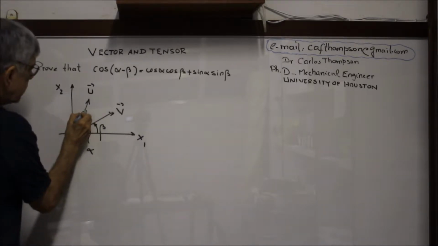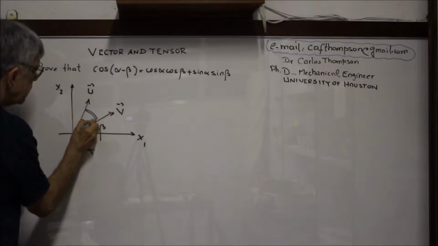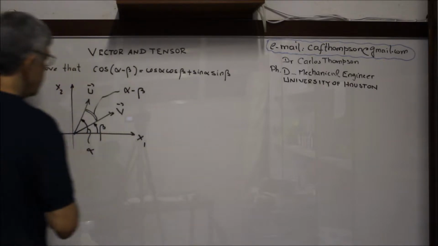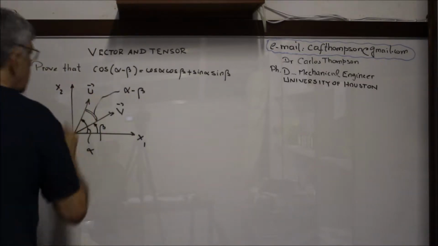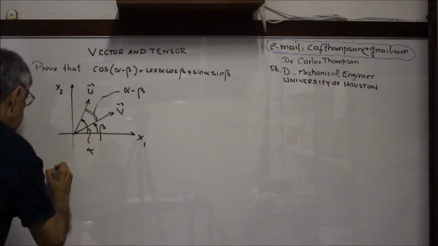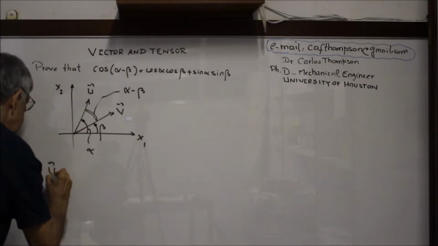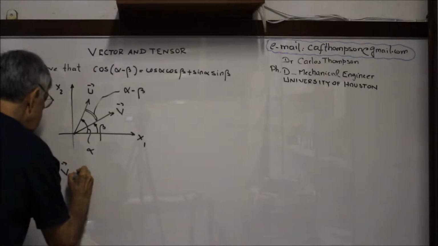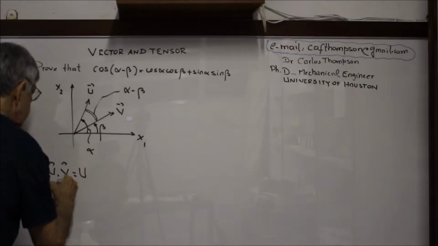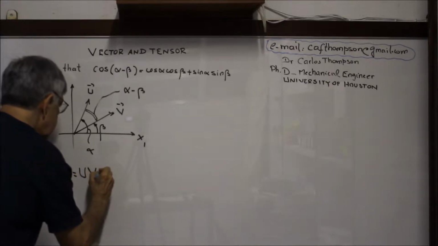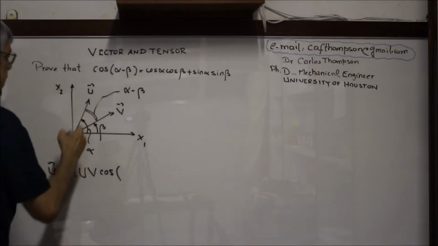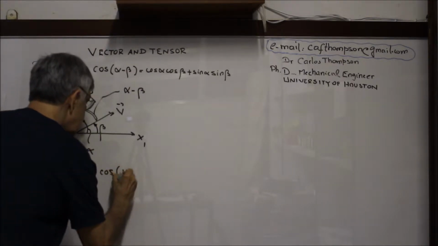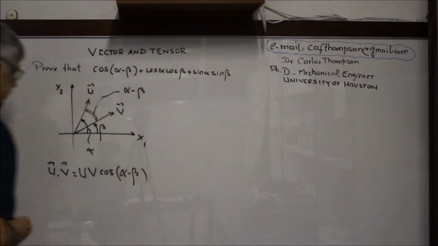Okay, this angle here will be alpha minus beta. So, let's get the dot product u dot v. Now it is the magnitude of vector u times the magnitude of vector v, the cosine of the angle between v and u, or u and v. So this is alpha minus beta.